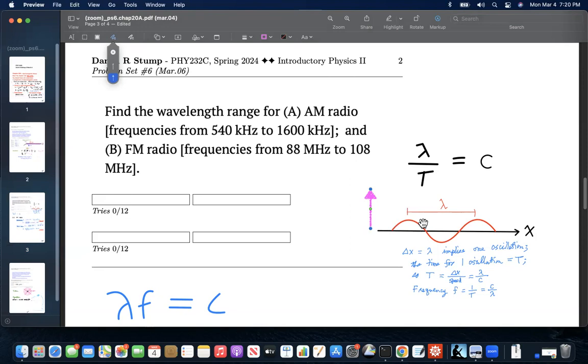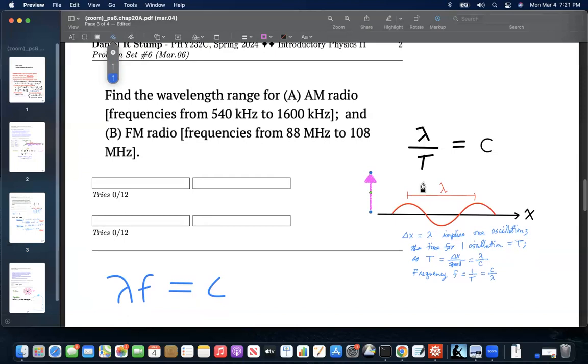Well, two nodes. It's from one node where the intensity is increasing to the next node where the intensity is increasing. That's the same as the distance between two crests, two maxima.